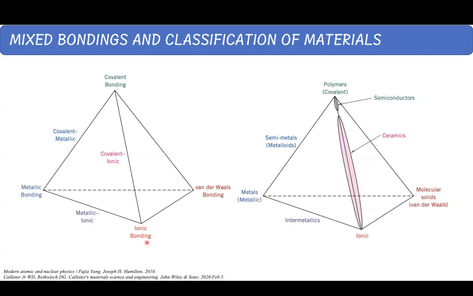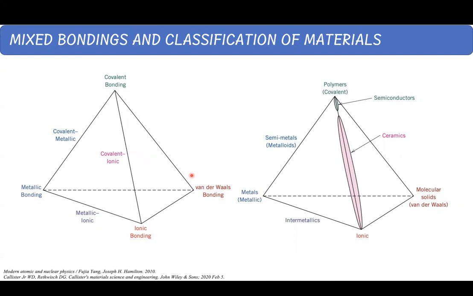Ionic bonding is found in ionic materials, metallic bonding in metals, very simple. Covalent bonding is mostly found in polymers, and van der Waals bonding is mostly seen in molecular solids.